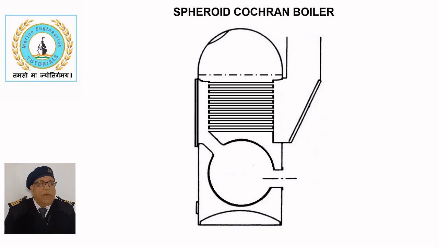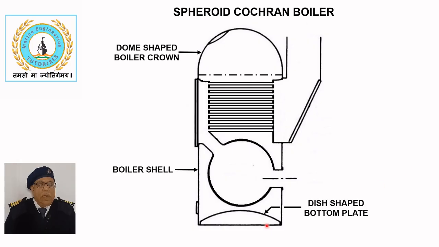Spheroid Cochran boiler. This sketch shows a modern Cochran boiler with a seamless spherical furnace and all welded construction. The boiler consists of a cylindrical shell with a hemispherical crown and a dished bottom, which do not require stays.